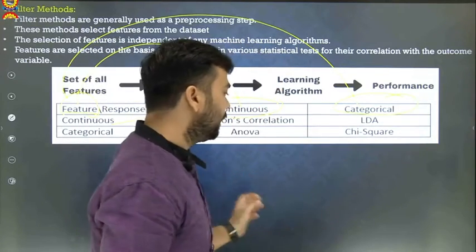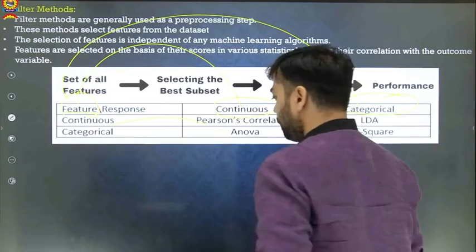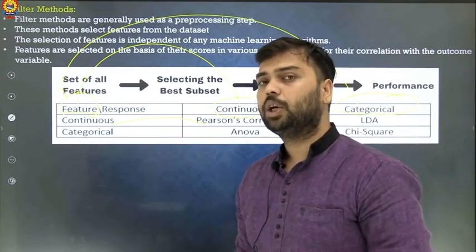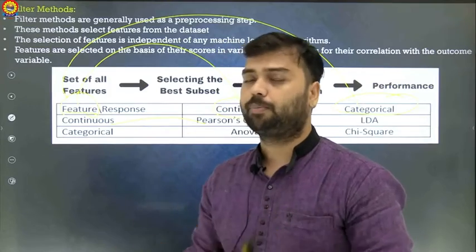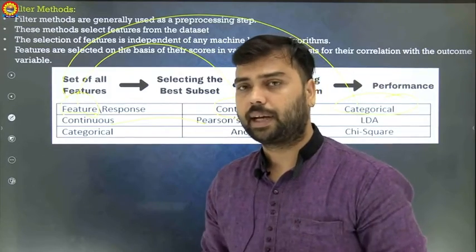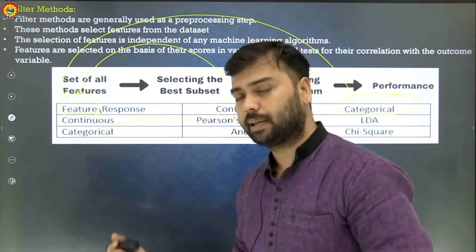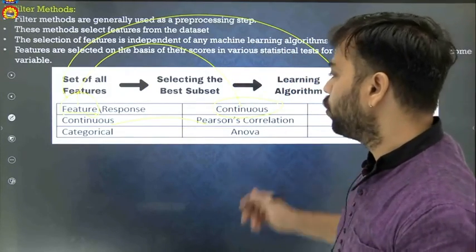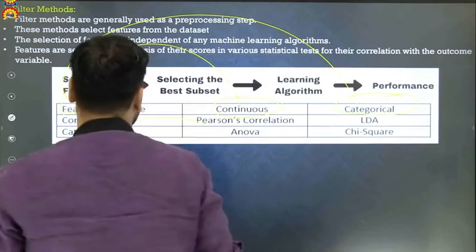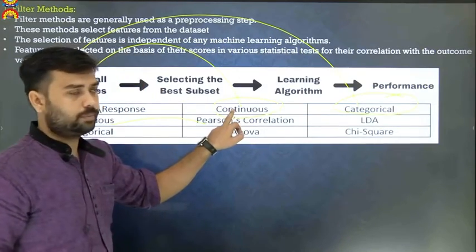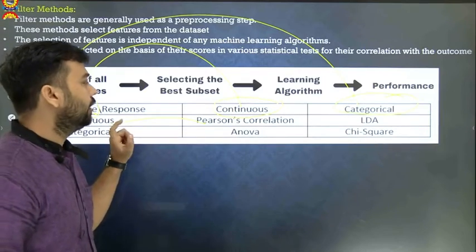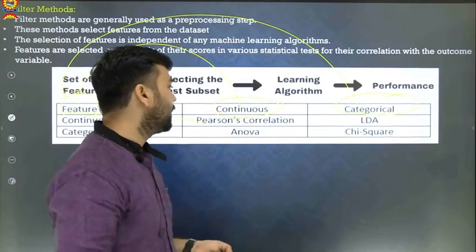How can we say that? There are some methods by which we can perform the filtering. Filtering is nothing but selecting the subset of the features. Inside filtering, we have some methods, around 9 methods I will discuss today. Among them, I will show you one table here. If the features are continuous and the response is also continuous, then the method is known as Pearson's correlation.